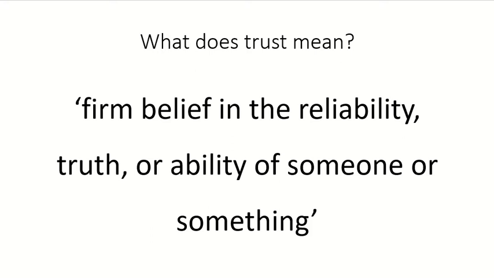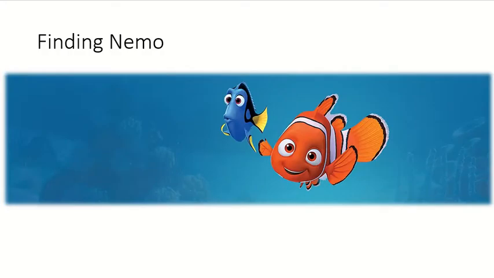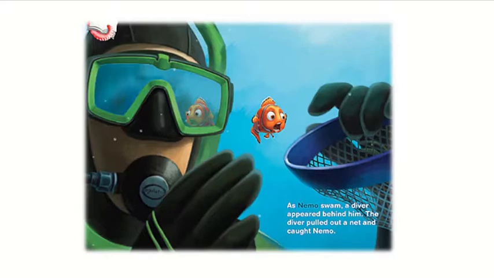Now, to start with, I started to think about one of my favourite films, Finding Nemo. Now, Finding Nemo has a theme of trust running throughout. If we go to the start of the film, if you're not too familiar with it, right at the start, we have a clownfish called Marlin who is afraid of the ocean because of some previously bad things that have happened to him.